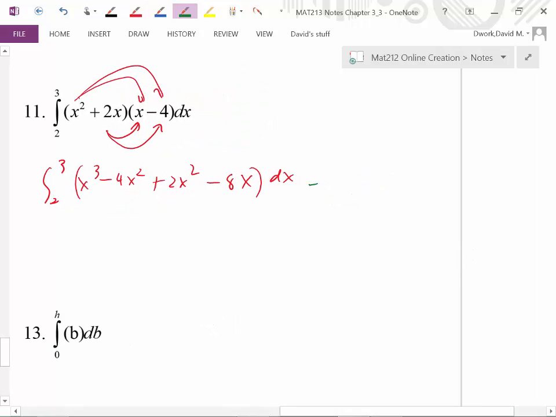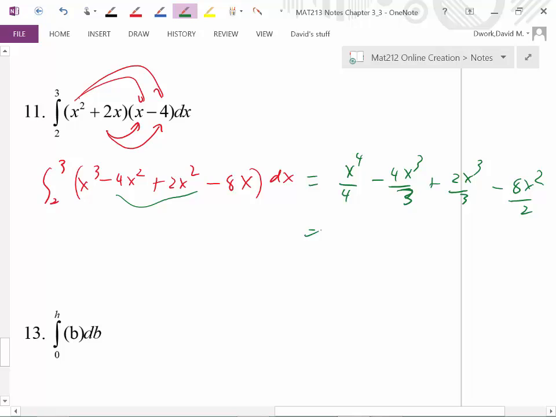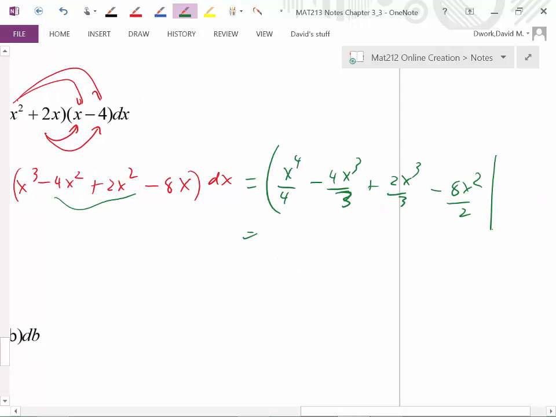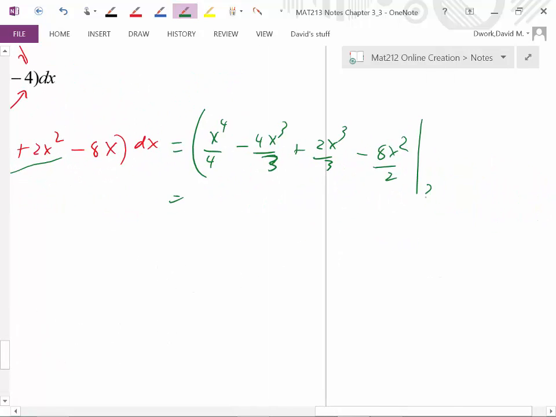And we know this would be equal to, the fundamental theorem of calculus says it would be x to the 4th divided by 4, the antiderivative, minus 4x cubed divided by 3, plus 2x cubed divided by 3. Oh, hello, silly me. I totally should have combined like terms. And then minus 8x squared divided by 2. Okay, and then this whole thing should be evaluated from 2 to 3.